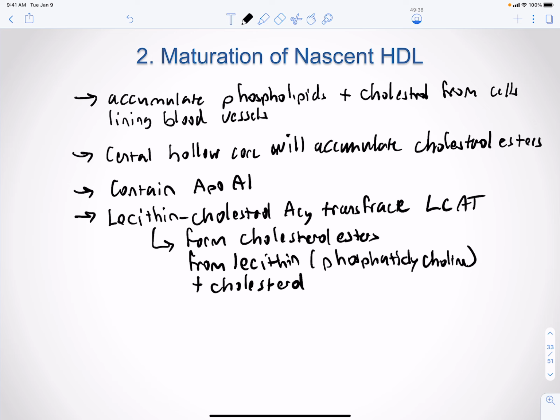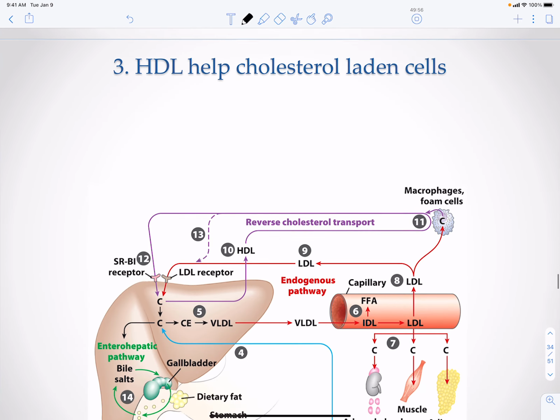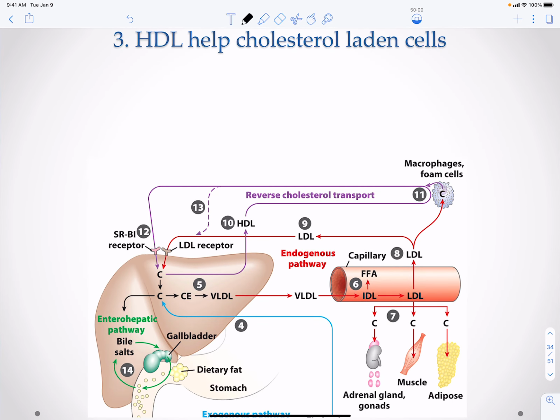The phosphatidylcholine could come from the membrane of chylomicrons, or from very low-density particles, etc. And then the LCAT is going to make cholesterol esters that are going to form the core of the high-density lipoprotein particle.